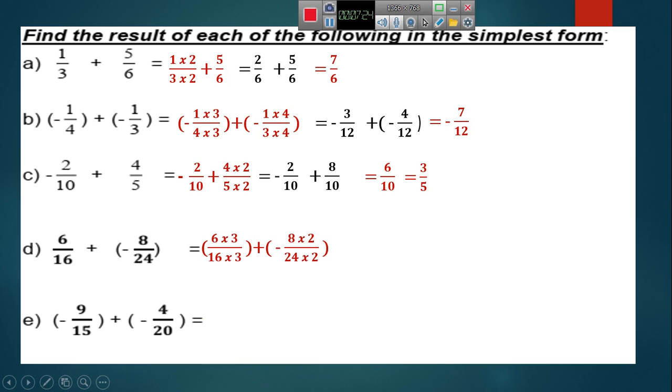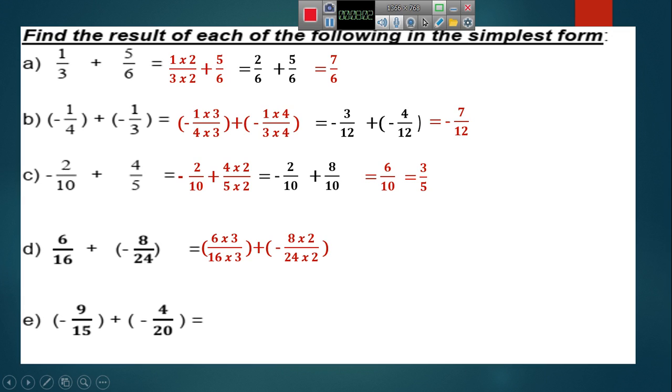Here we can multiply this one by 3 to get 48, or you can simplify this one by dividing by 2 to get denominator 8, and this one by dividing by 4 to get 2 over 6, and we will simplify it one more time by dividing by 2, it's going to be 1 over 3, and we will make this one and the other one the same denominator. And this is another way.